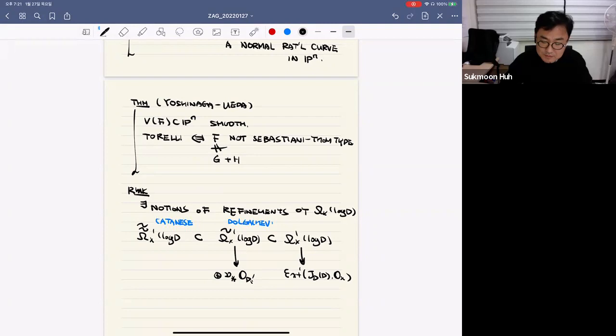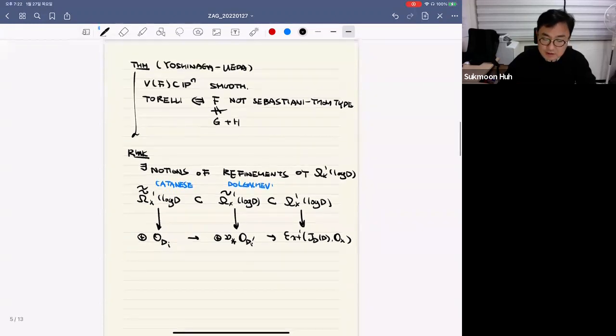So in general, each D_i doesn't have to be smooth. And for Dolgachev's logarithmic sheaf, we have a surjection to the pushforward via the resolution of each irreducible component. But instead, for Catanese, we have just the direct sum of the structure sheaf of each component. So that's the difference between these two logarithmic sheaves.